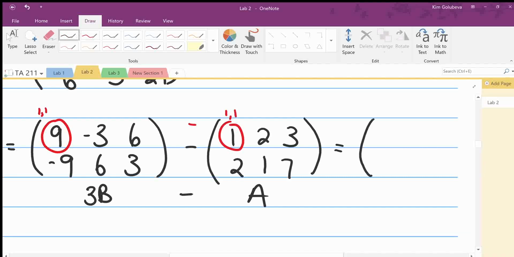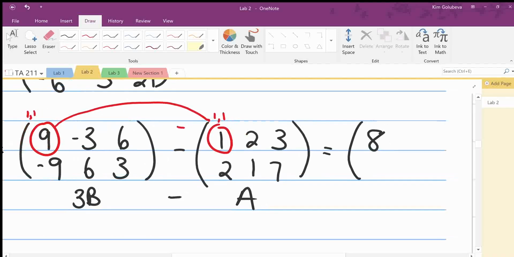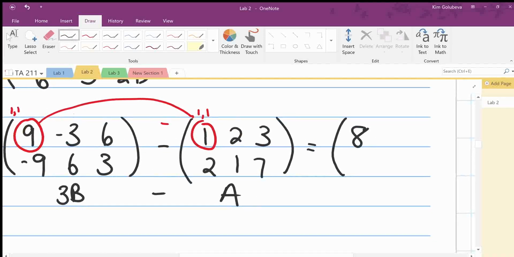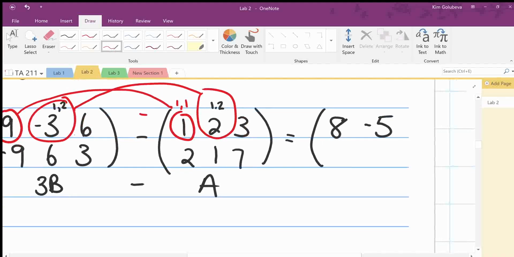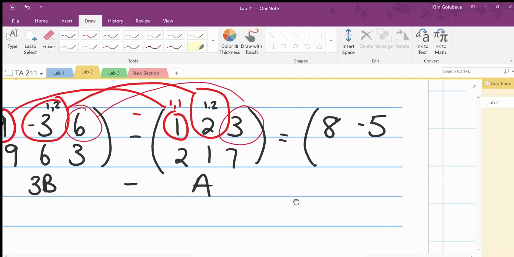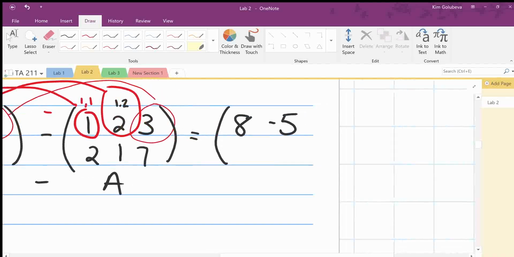So what we're doing is 9 minus 1, so we end up with 8. Similarly, for entry 1, 2, we subtract the 1, 2 entry in the other matrix. So this is -3 minus 2, so we end up with -5. Same thing, we take the 6 and minus the 3, so we end up with 3.